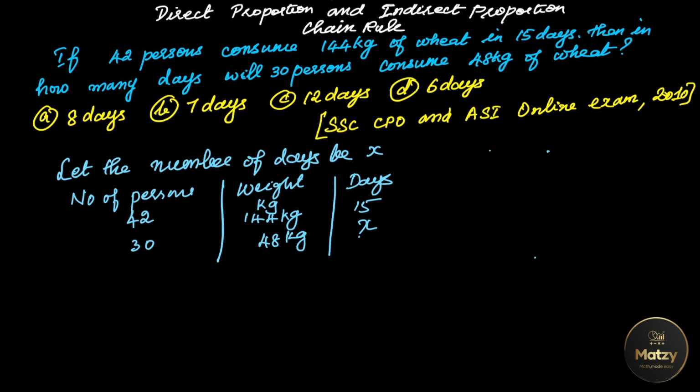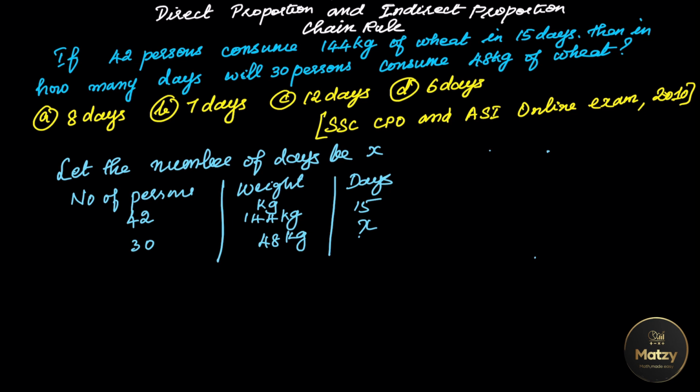That is the question. I am taking the number of days to be x. See, 42 persons are consuming the wheat for 15 days. 42 persons, 15 days. If the number of persons decreases, definitely the number of days will increase. Am I right? So they are in indirect proportion. If more persons are there, they will consume the wheat more, so it will last for less days only.